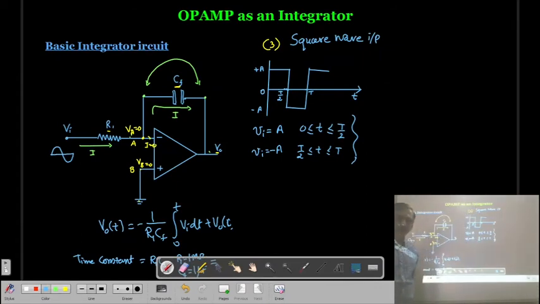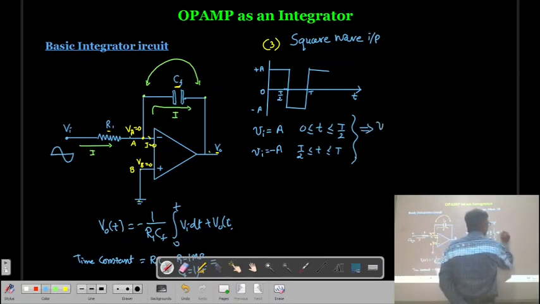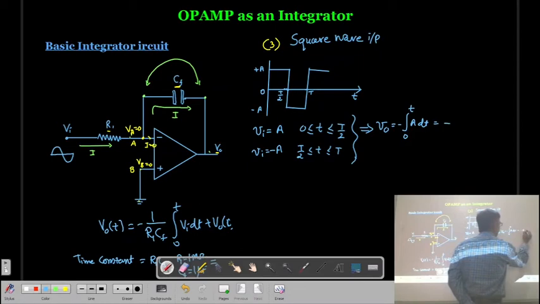Now, square wave consists of what? It consists of a step input, correct? And for a step input, if the input voltage is A, then the output voltage, we know, is minus A into t. If the input voltage is minus A, then the output voltage will be plus A into t, correct? So when the input voltage is A, we can write the output voltage is equal to minus integration 0 to t of A dt, that is minus At.